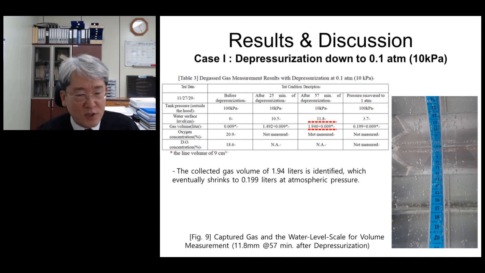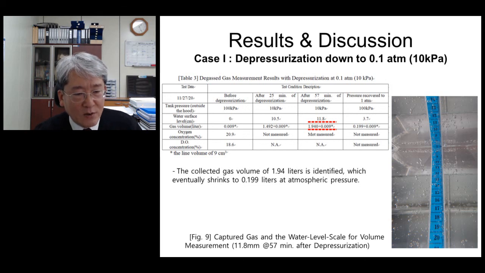Our test results show that at 57 minutes after depressurization, about 1.94 liters of degassing is achieved under a depressurized condition, which then shrinks to 0.199 liters when the environmental pressure restores to atmospheric pressure.